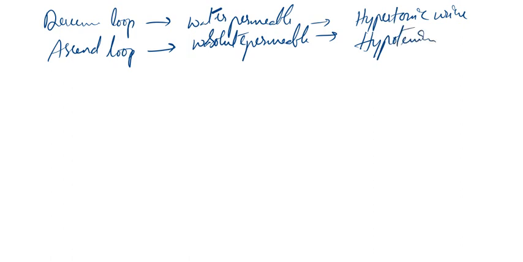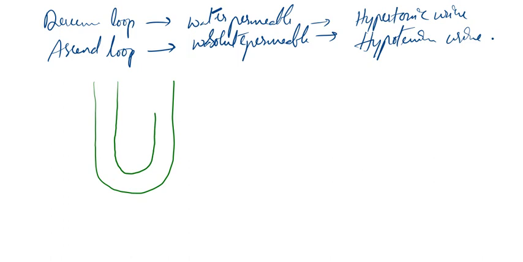If you don't understand, I will explain even better. Now this is the loop of Henle. This is the descending loop, and the rest is the ascending loop. As the urine flows down all along the descending loop, the osmolarity increases.